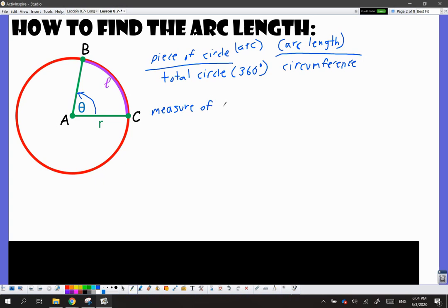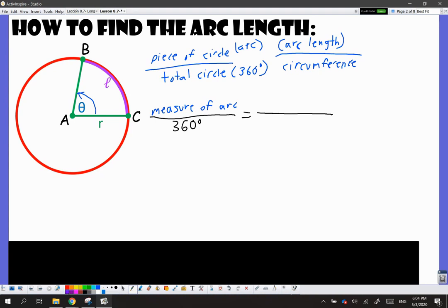Measure of arc. And what goes under that is going to be the total measure of a circle. Measure meaning the angular measure, meaning 360 degrees. And I want to compare that now to the lengths, which means the arc length and the circumference.